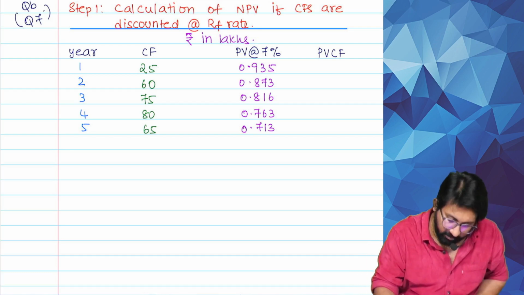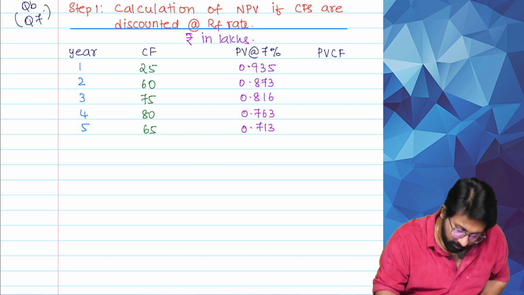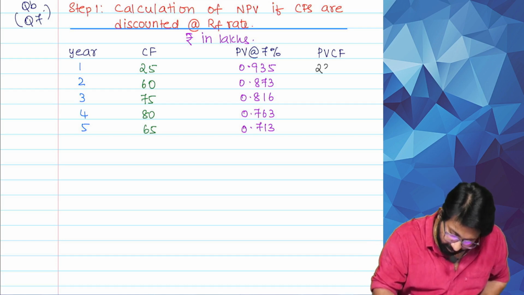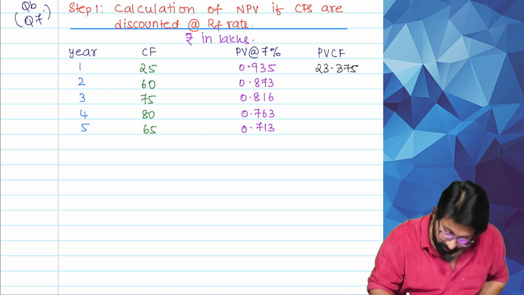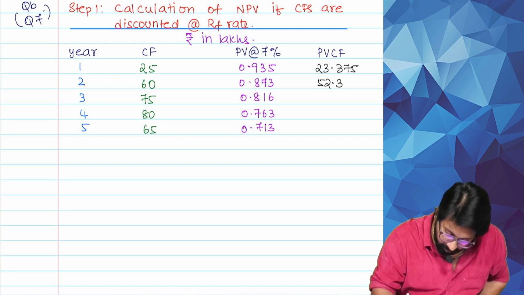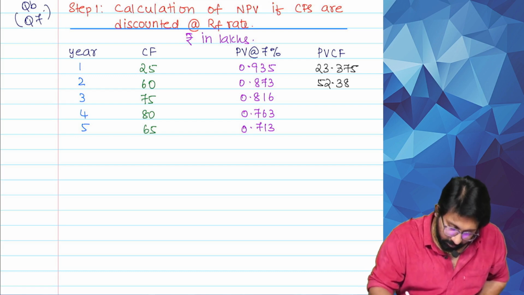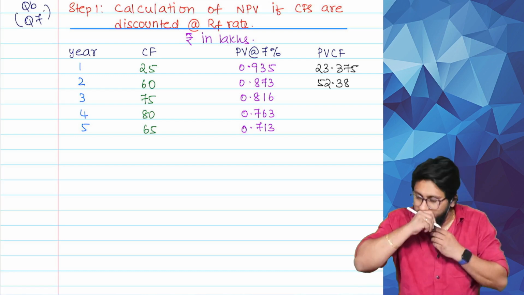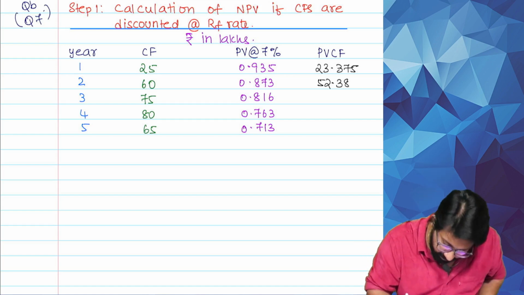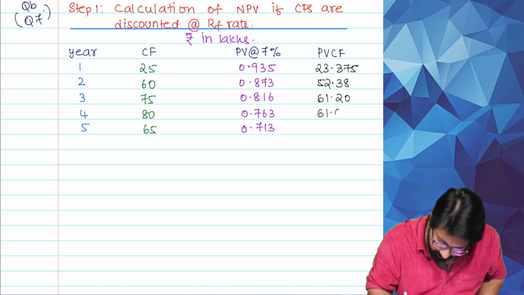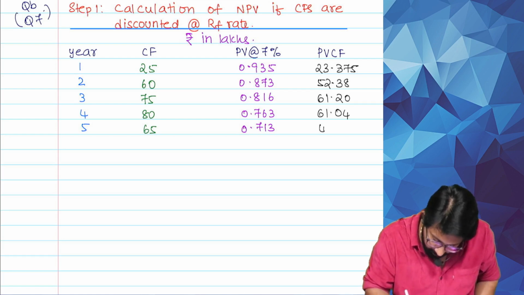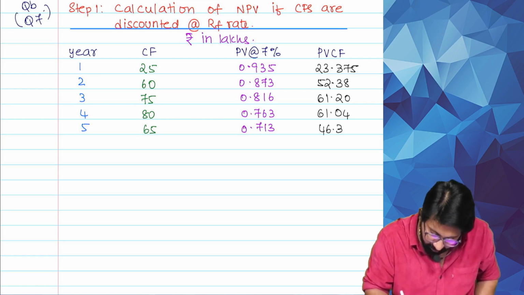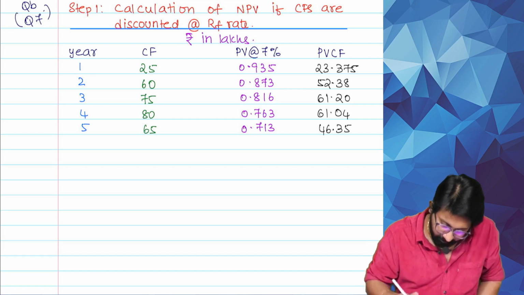Multiply and tell the values. 23 point. Next. 61 point. 1 point. 335.